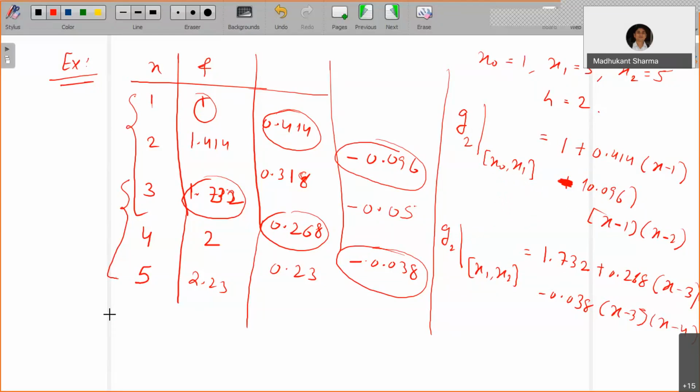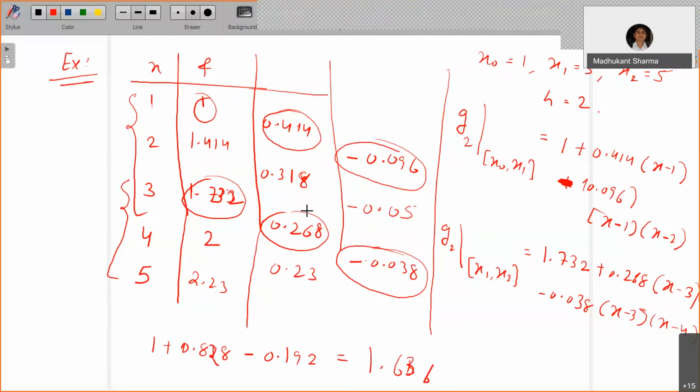So if I say this is P1 and P2, what will it be here? This value is 1.732. It's very clear. Divided by 2 here. Oh, I have created the forward difference table here. So divided by 2, and here divided by 2.